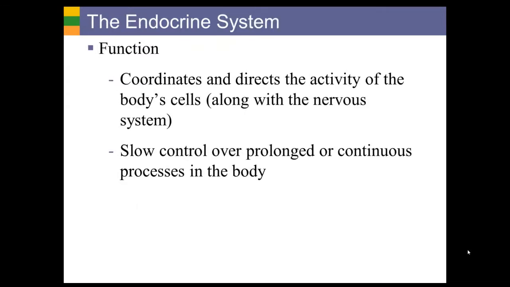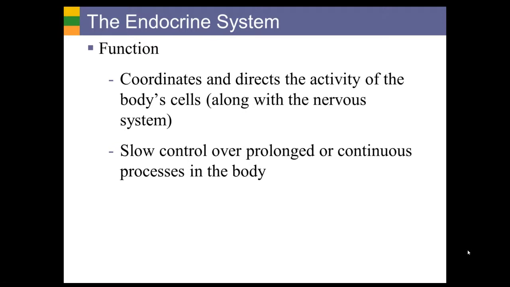Okay, so what is the function of the endocrine system? Well, it coordinates and directs the activity of body cells. Along with the nervous system, it controls other organ systems. The nervous system was the fast controlling system. This is the slow, steady controlling system.